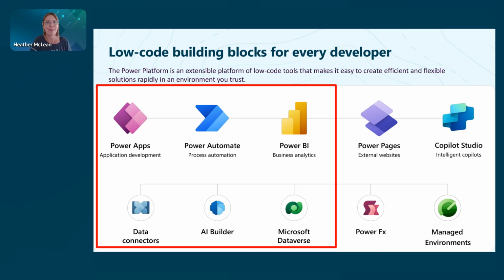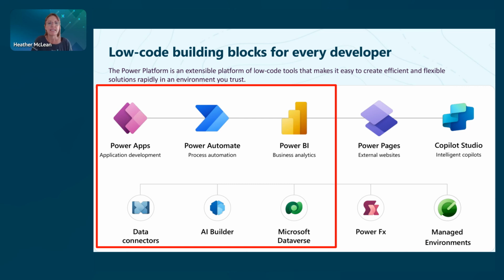I'm sure there's a skills lab going on right now about building Power BI reports. There's also other applications like Power Pages that allow you to create websites, and then Copilot Studio, which used to be called Power Virtual Agents, but it's really the place where you as a low coder can build your own Copilot or your own agents. And then there are lots of tools underpinning that. But the big concept to understand here is that the connectors we're going to be working with today work inside Power Automate and inside Power Apps.